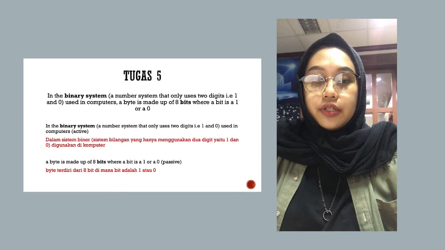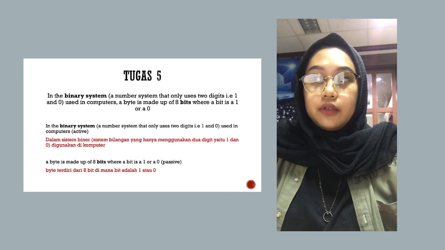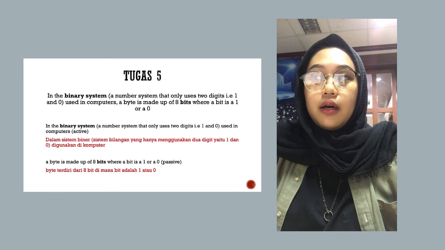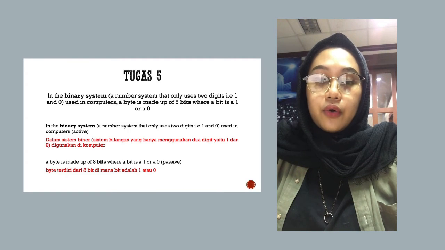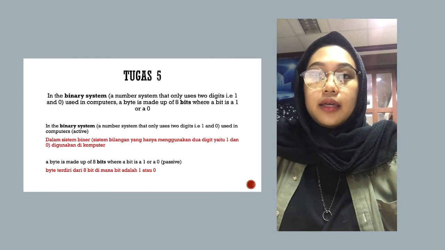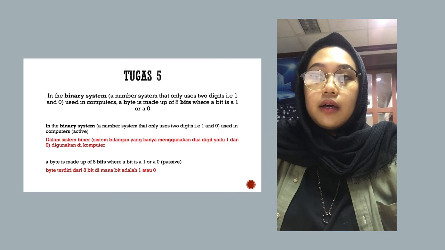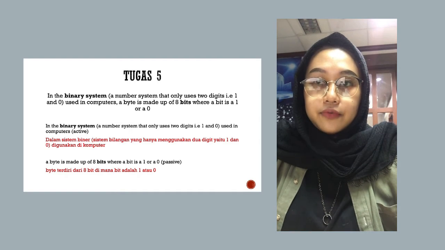In the binary system, a number system that only uses two digits, 1 and 0, used in computers, a byte is made up of 8 bits, where a bit is a 1 or a 0. Active: In the binary system, a number system that only uses two digits, 1 and 0, used in computers.